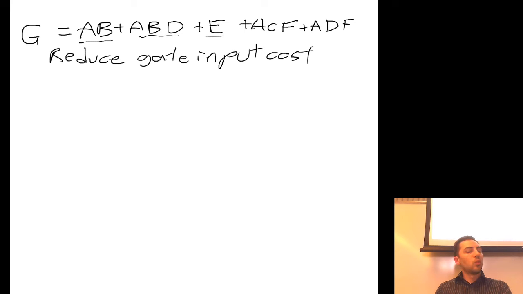Here it's just 1, or we could say 0 because there's no gate involved. Here we've got 3. Here we've got 3. So let's write that down: 3, 3, 0, 3, and 2. There's more to this gate input cost because each term itself adds an additional gate input because it goes into a giant OR gate. So all told, our gate input cost is 5, 8, 9, 10, 11, 12, 13, 14, 15, 16.